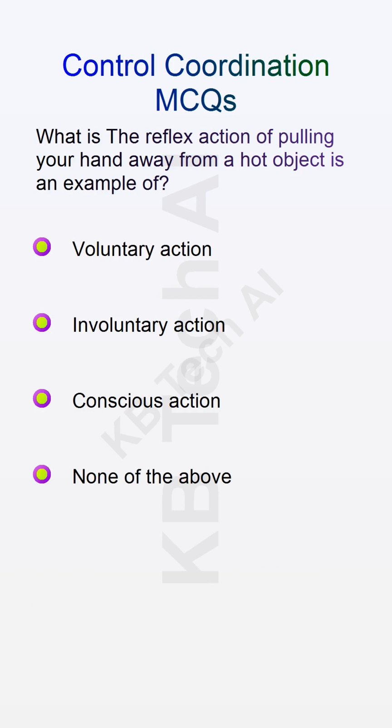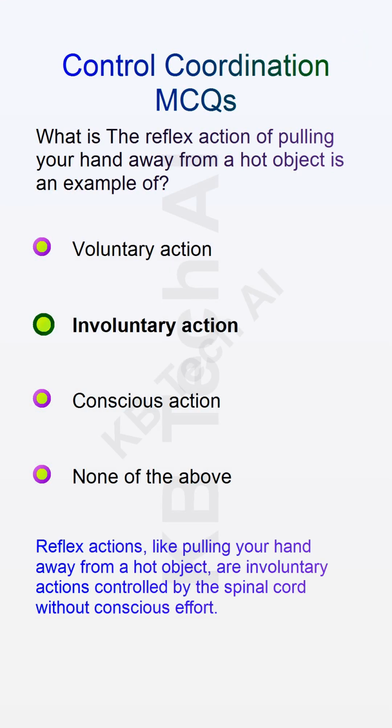What is the reflex action of pulling your hand away from a hot object an example of? Option 1, voluntary action, option 2, involuntary action, option 3, conscious action, option 4, none of the above. The answer is, option 2, involuntary action.